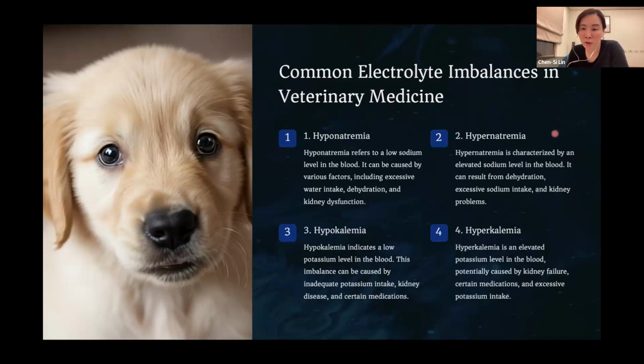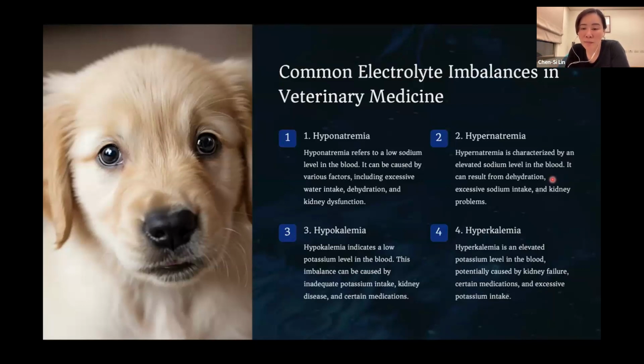And hypernatremia, on the contrary, means a high sodium concentration within the blood. In most cases it is dehydration, because the water within the blood is severely decreased, resulting in concentrated blood, so it will result in hypernatremia.